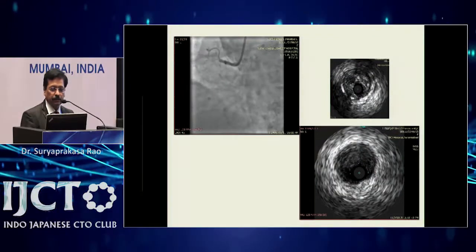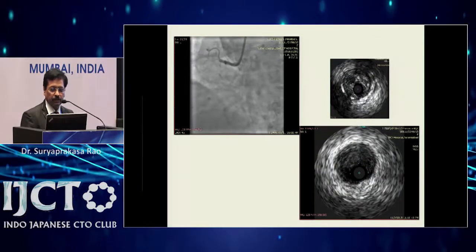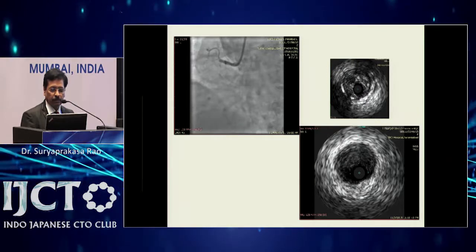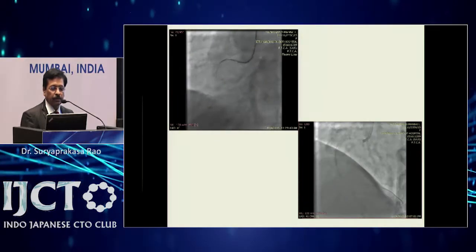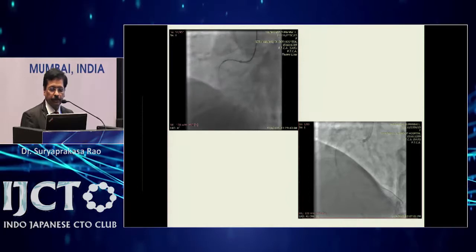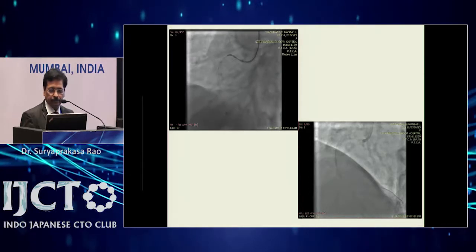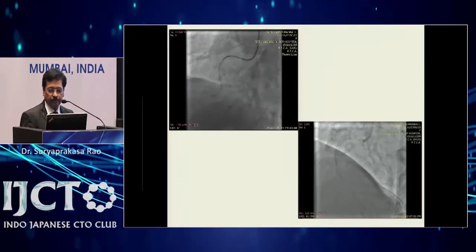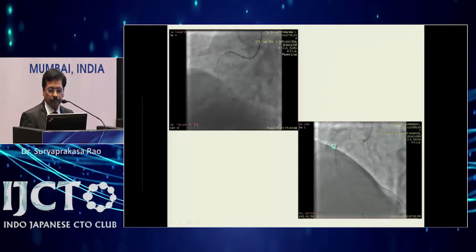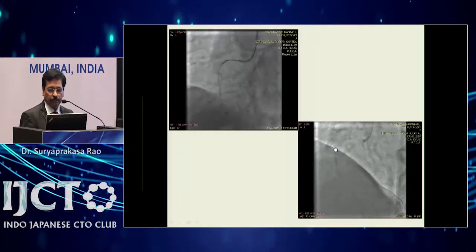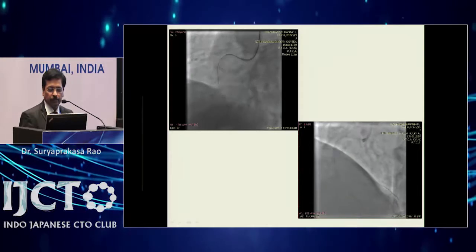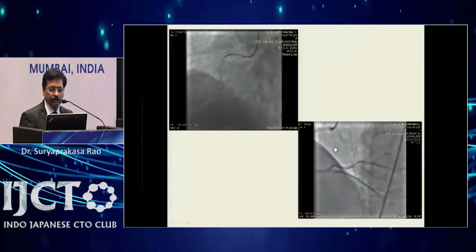And after that, safely you can have the wire in the true lumen, and this is the end result.